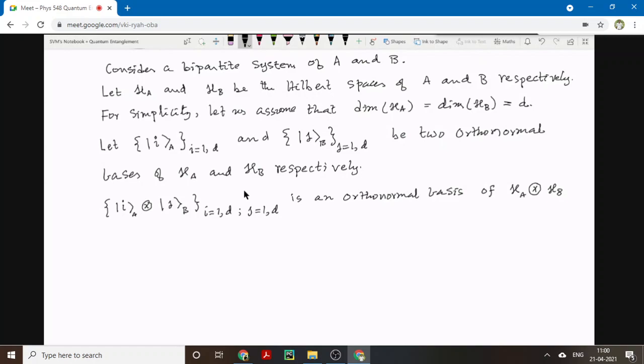And of course, this is called a product basis, because each element of this basis is a product vector. Sir, if there is a global restriction, like the restriction of the total energy, then the composite Hilbert space would be a subspace of the direct product, no sir? Yeah. So right now I'm just taking this as the full space, and if there is any constraint, then only some subset of those vectors will be valid.